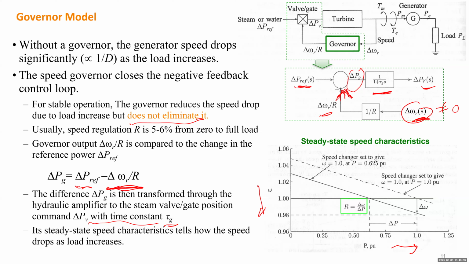And the slope R here is defined by how much the frequency changes divided by the change on the load. So if you consider a triangle, the Y will be the frequency deviation, and X will be the change on the power.